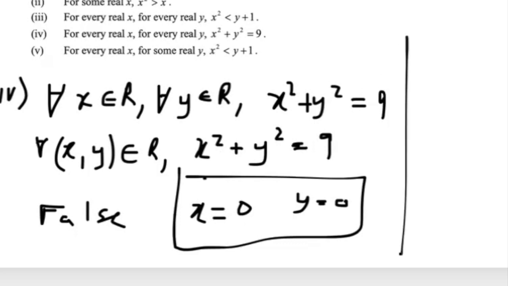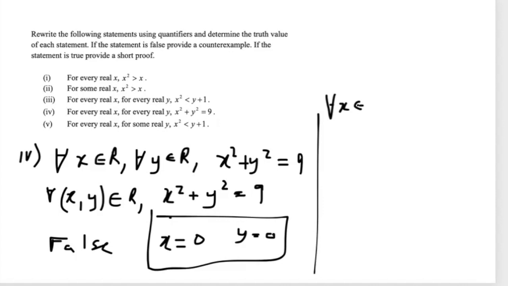Now the final one, which I'll do here, says for every real x, so for all x, an element of R, and for some real value of y, so there exists some y, an element of R, we have x squared is less than y plus 1.